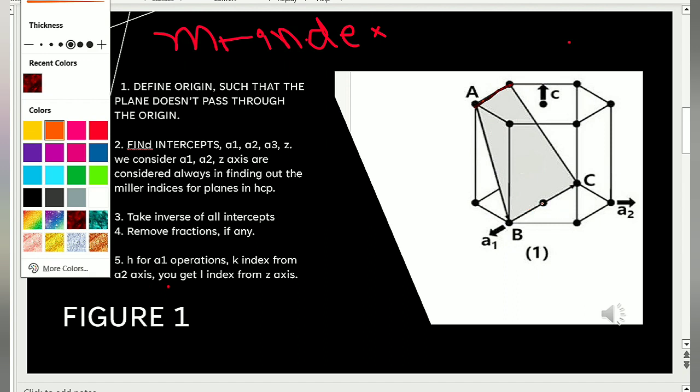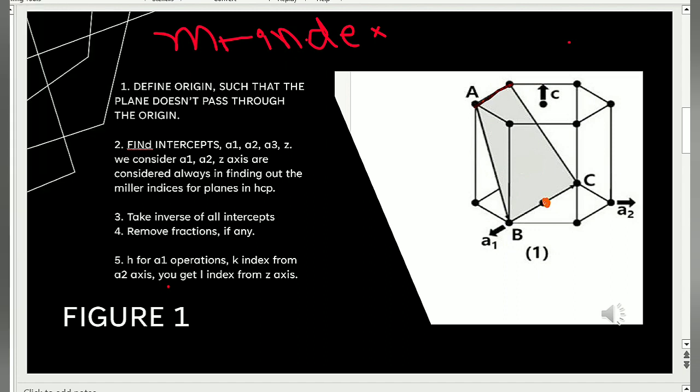The predefined coordinate system has its origin just at this point, and this point is common to the plane also. It means the plane is passing through the origin. Saying that the plane is passing through the origin is similar to saying that the origin point is on the plane.